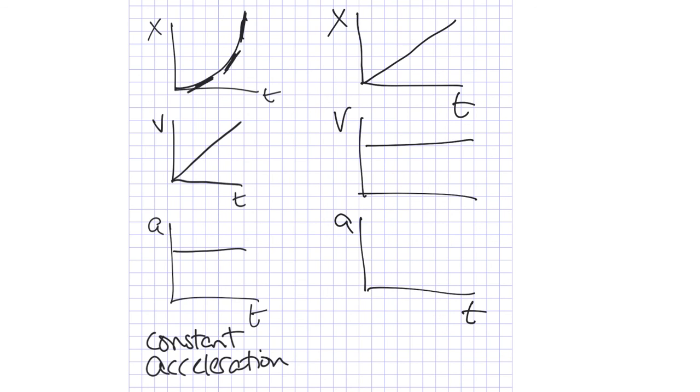Matthew? So the acceleration versus time graph would be. Correct. The acceleration is 0 because the slope of a flat line, that plateau, is 0, right? But remember what acceleration means.